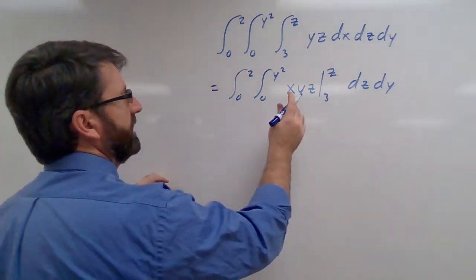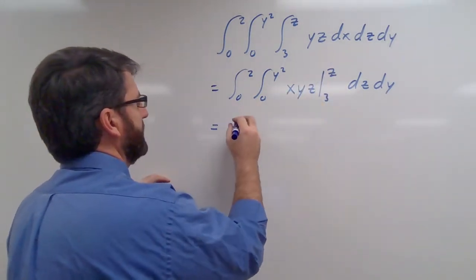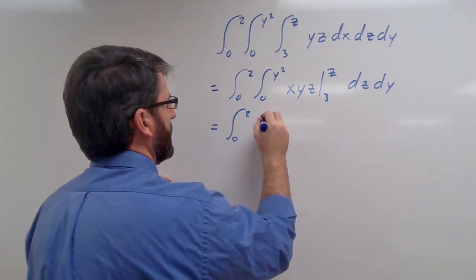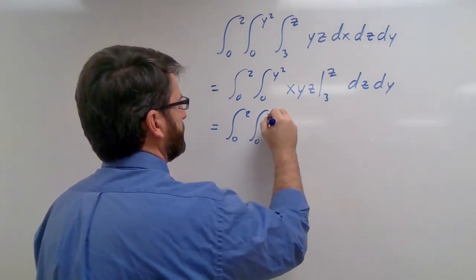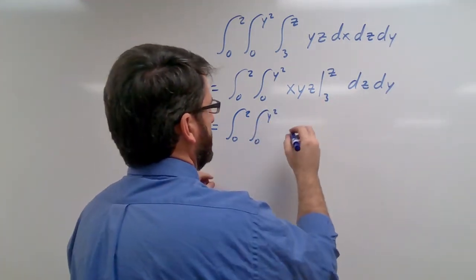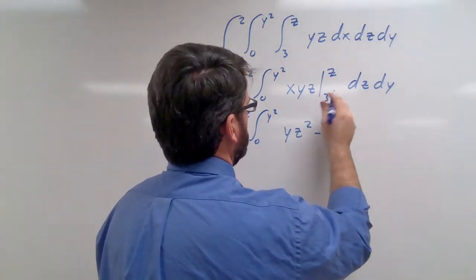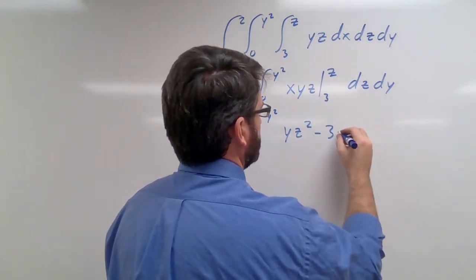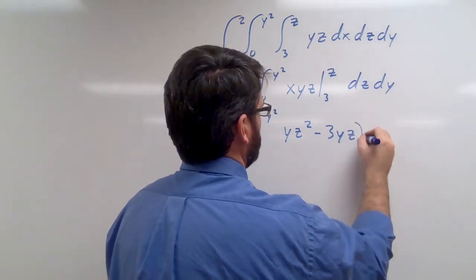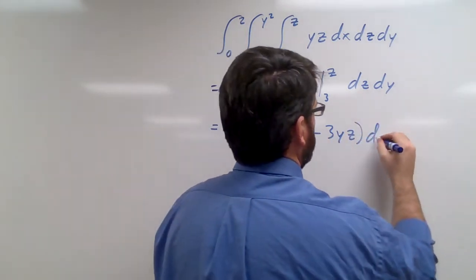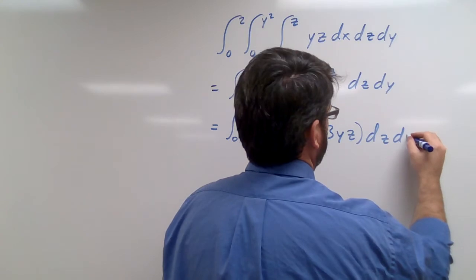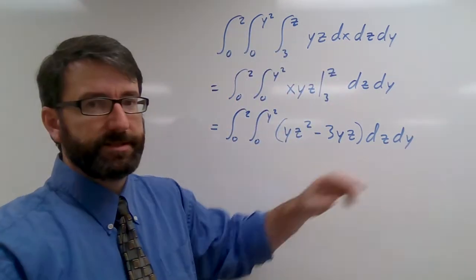So if x is z, then this is yz squared minus, and then 3 minus 3yz. And we're going to next evaluate this with respect to z.